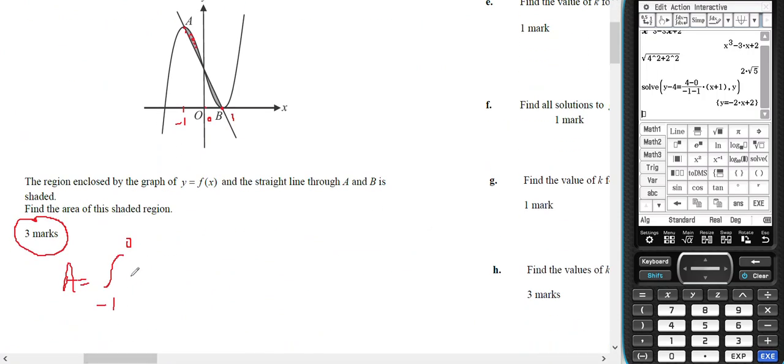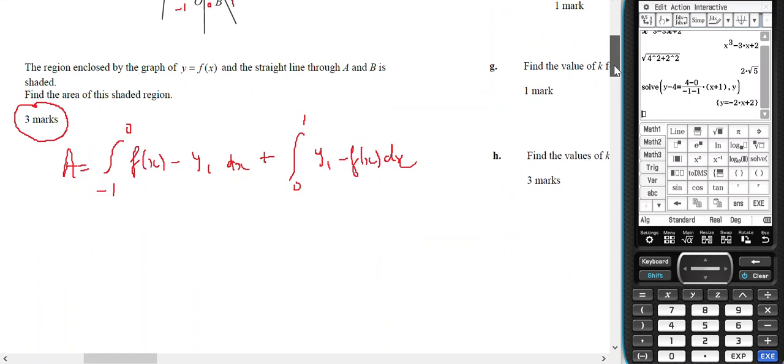So it's going to be f of x minus y1 dx plus the integral from 0 to 1. And in this particular interval, from 0 to 1, the top curve is y1 minus f of x dx. And that's going to give me my method mark.